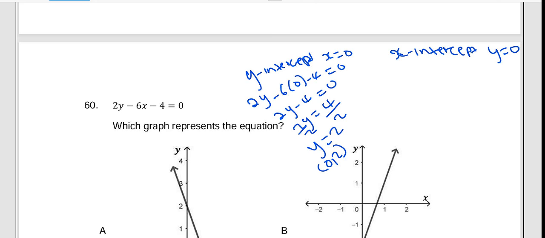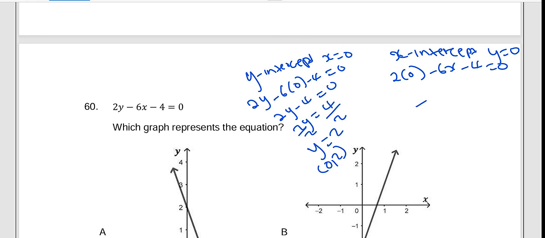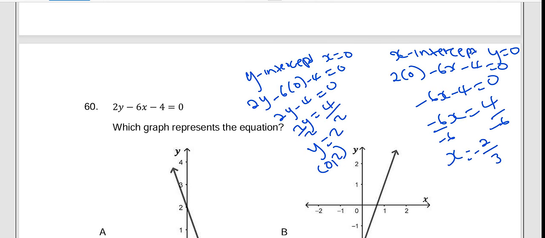And x-intercept, y should be equal to 0. Where there is y, I'll put 0. Minus 6x minus 4 equals 0. I'll take this to the other side. Minus 6x equals 4. Divide by minus 6, x is going to be minus 2 over 3.